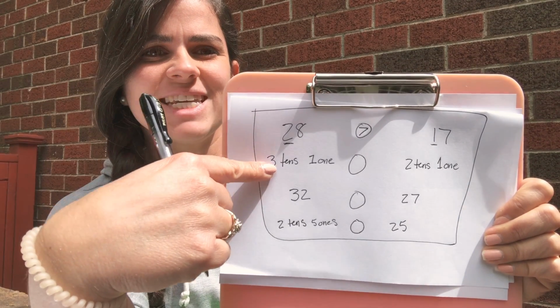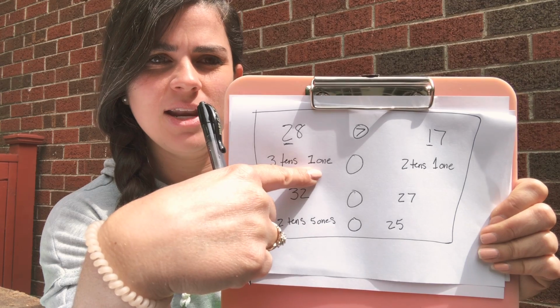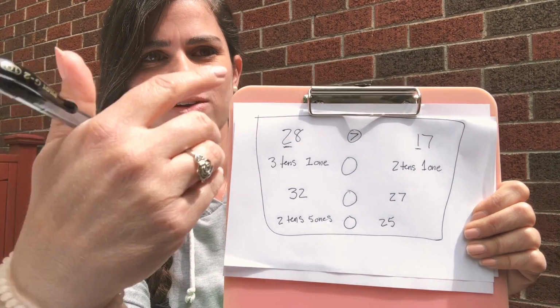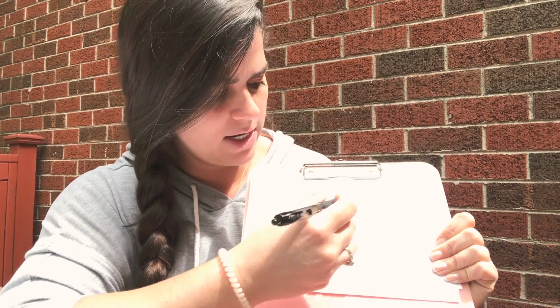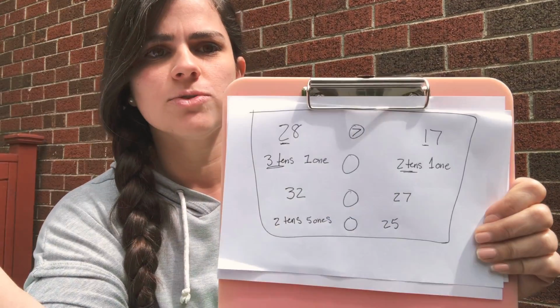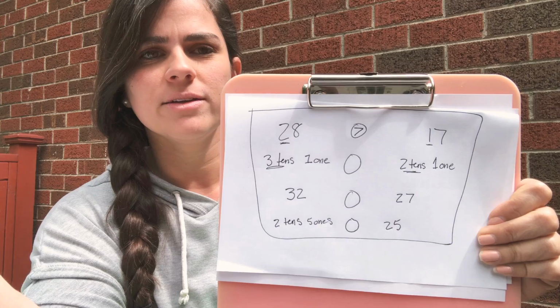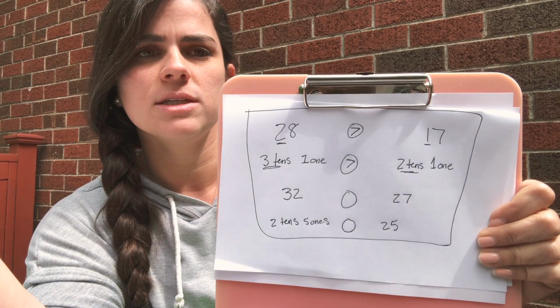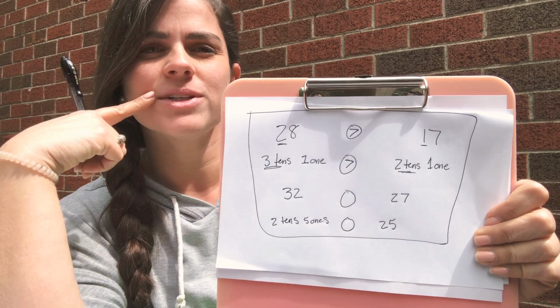Next one, 3 tens, 1 one, 2 tens, 1 one. It tells me right here, this one has 3 tens, this one has 2 tens. Which one is greater? 3 tens is more than 2 tens. Open mouth towards 3 tens, 1 one. What number is that?